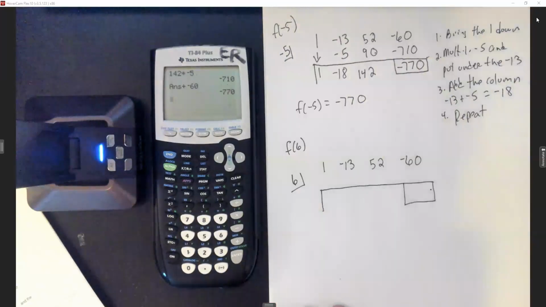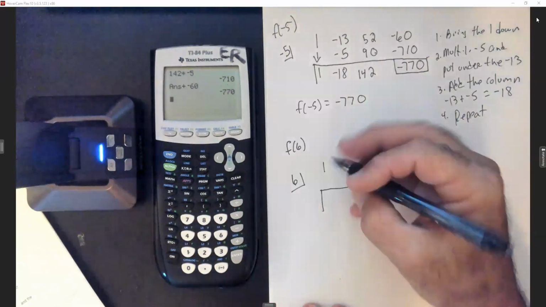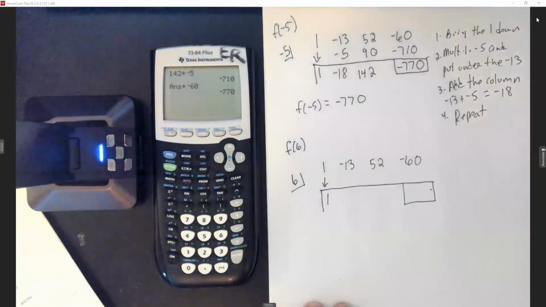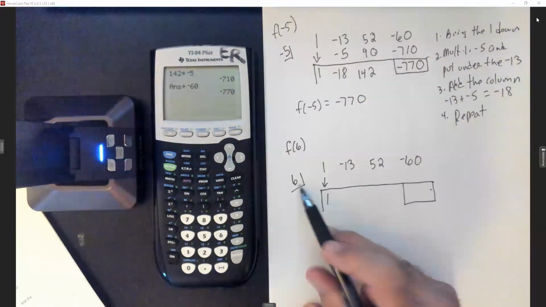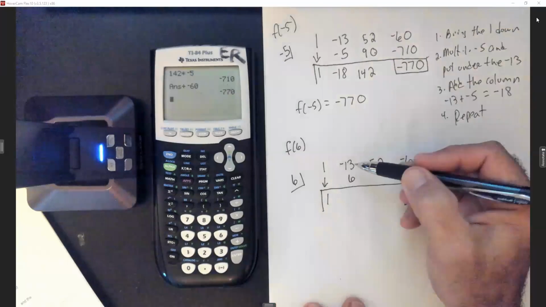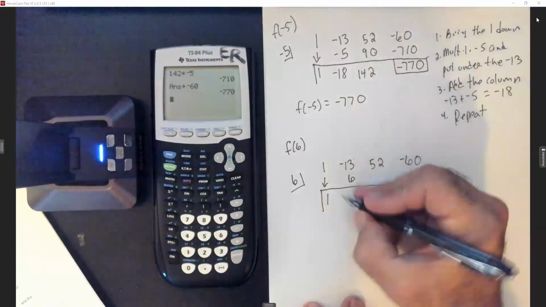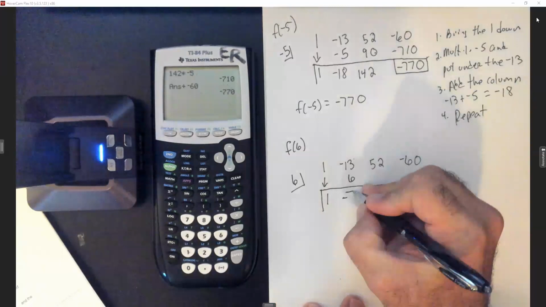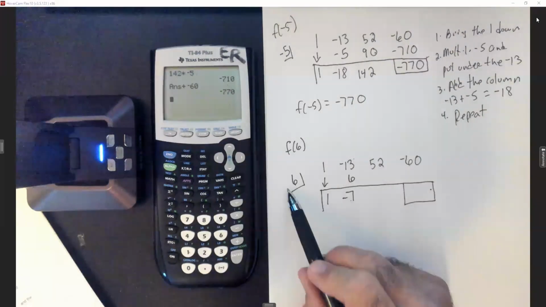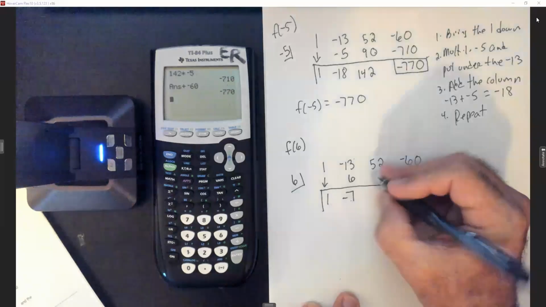So once again, bring the first number down. Multiply 1 times 6 and put that under the negative 13. Add the negative 13 and 6, we get a negative 7. Multiply the negative 7 times 6 and put that under the 52. So that'd be a negative 42.